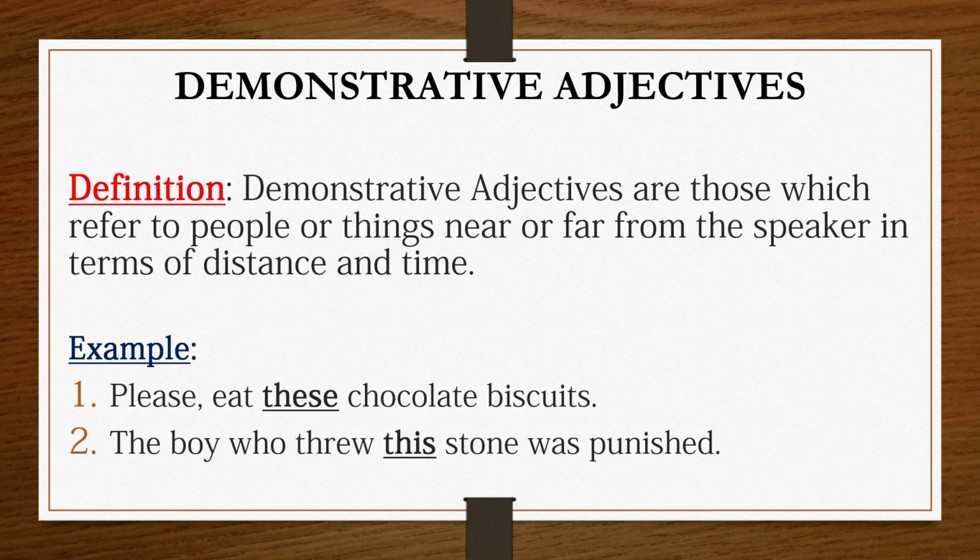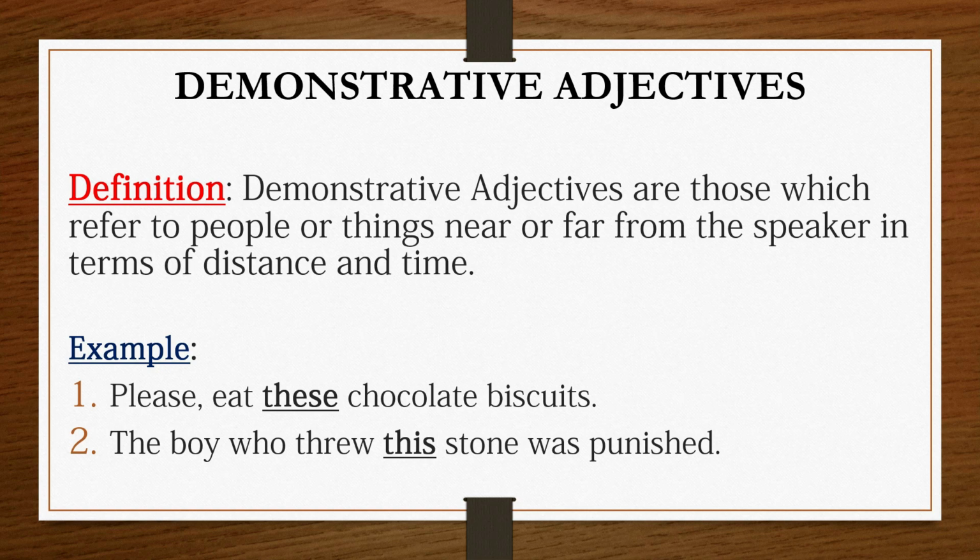Do you remember? This, these, that, those. If it is singular and near, you use this, and if it is far, you use that. If it is plural and near, these, and those means it is plural and far. Do you remember these demonstrative pronouns?